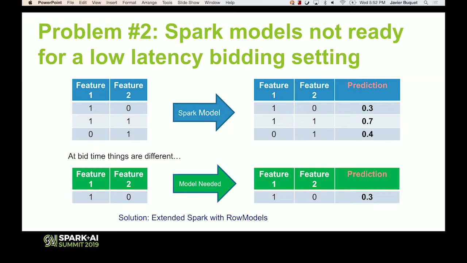Well, what we did is something similar to what the Uber team was mentioning this morning, which is to expand Spark with this concept of raw models. These raw models are models capable of providing predictions given a single row of data without having Spark jobs run to create those, just reusing all that Spark has to give in terms of the lower level models. So we extended Spark.